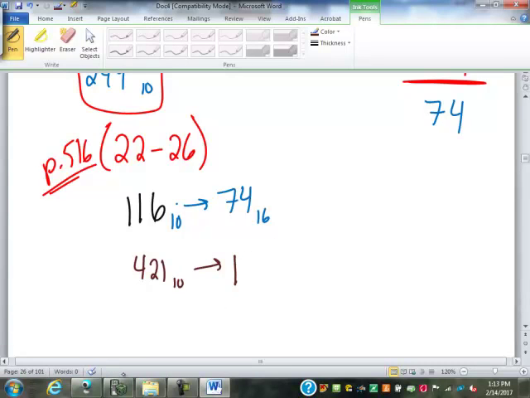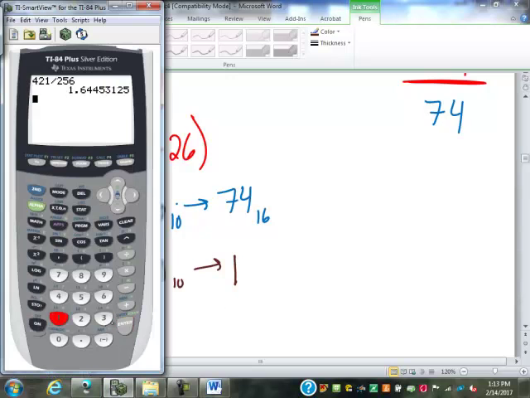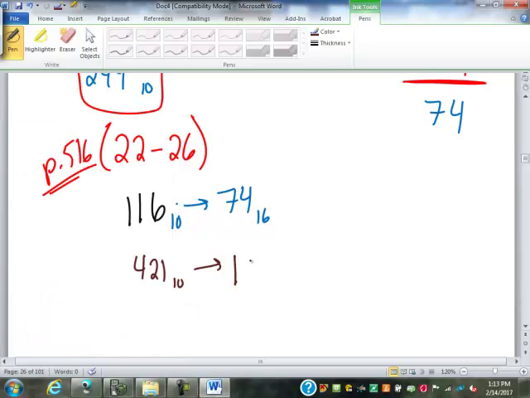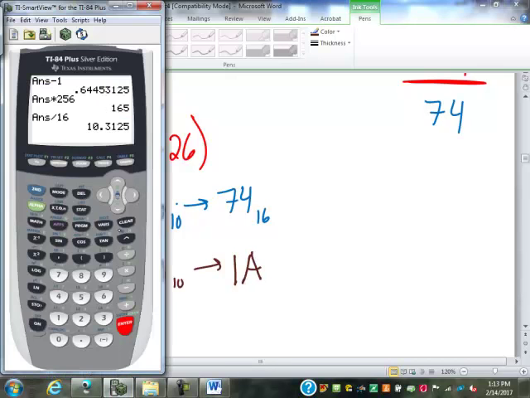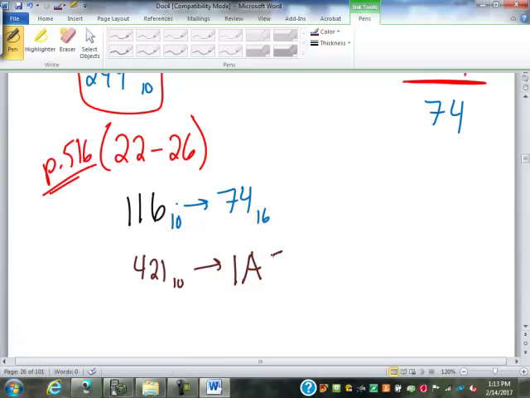So that's 1. We subtract the 1, multiply back by 256. So we got 165 left. Now we'll divide by 16. It's going to be a 10. So 10 is what digit? A. So we subtract the 10 and then multiply back by the 16 should give us 5. So 1A5. 421 base 10 is 1A5 base 16.